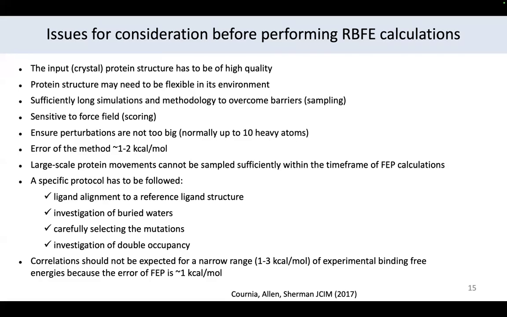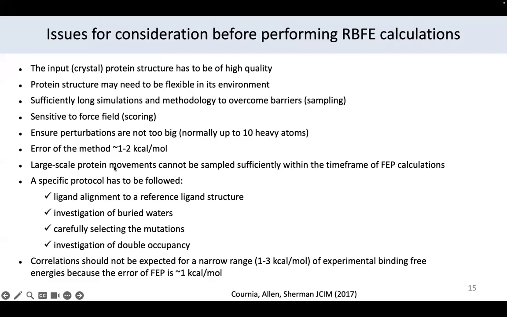So we have to do only very minor perturbations or changes. The error of the method, as mentioned, is within 2 kilocalories per mole, so it doesn't make sense to try to predict the difference in the free energy between a compound that is 10 micromolar and 12 micromolar. The method cannot tell you that.